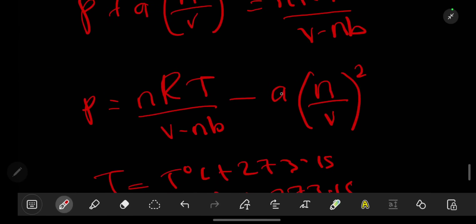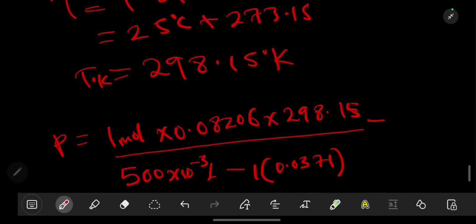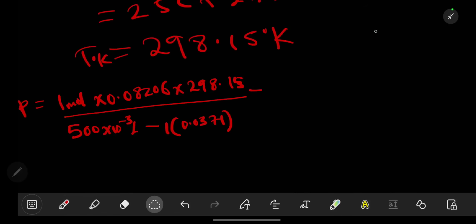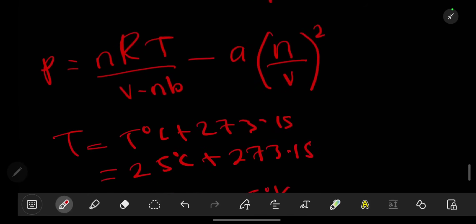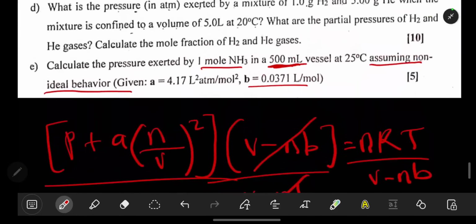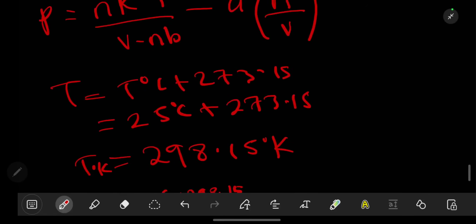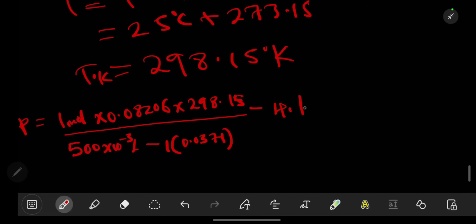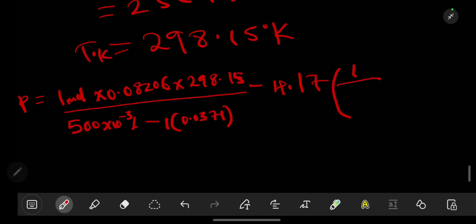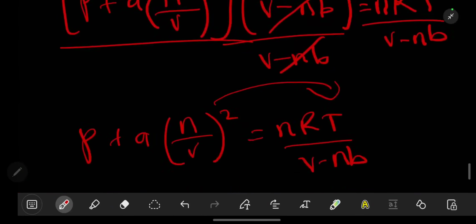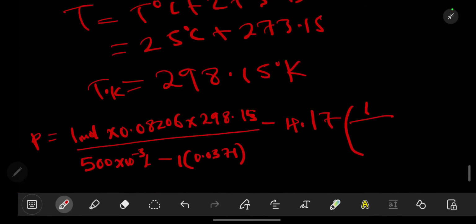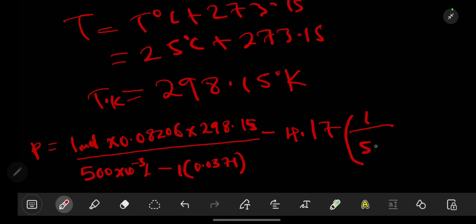Then we subtract a, which is this part, a times N over V. Let me reduce the font. Our a is 4.17, so we can replace it there, 4.17, multiplied by the number of moles, 1 mole, over V, which is 500 times 10 to the power negative 3 liters, then we square this.